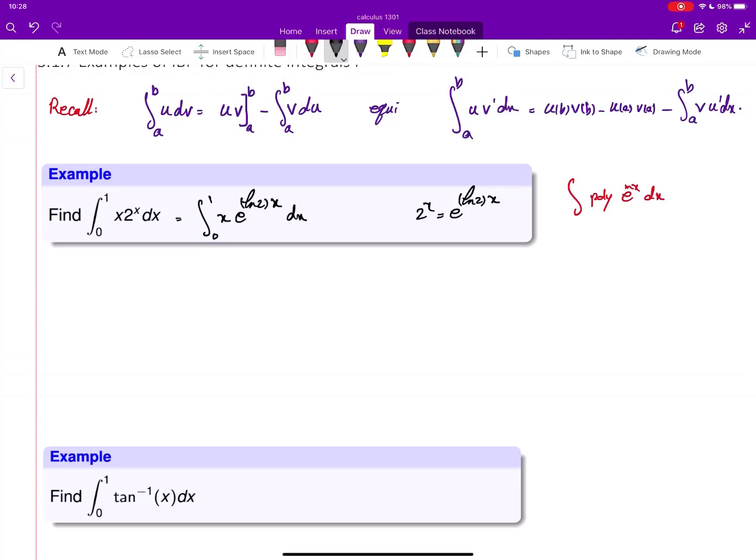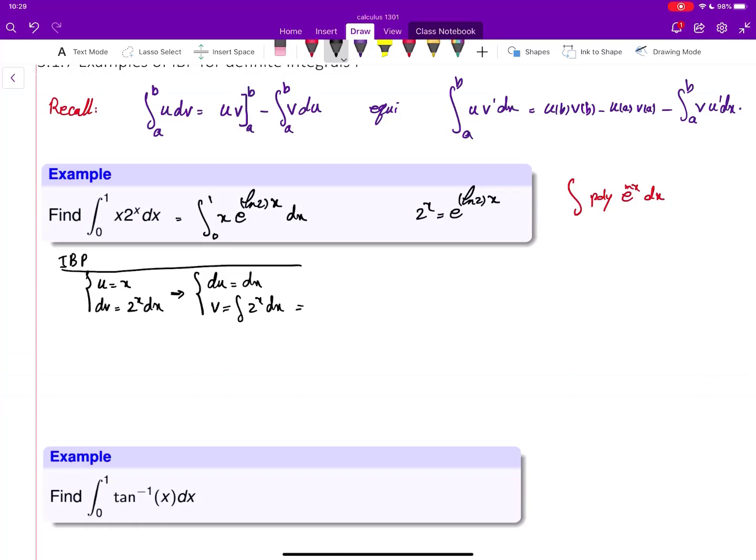So that's one way to go, but in this video I will just go the straightforward way. For my integration by parts, I will take u to be x and dv to be 2 to the power x dx. Then du is just 1 times dx, and v is the integral of 2 to the power x dx.